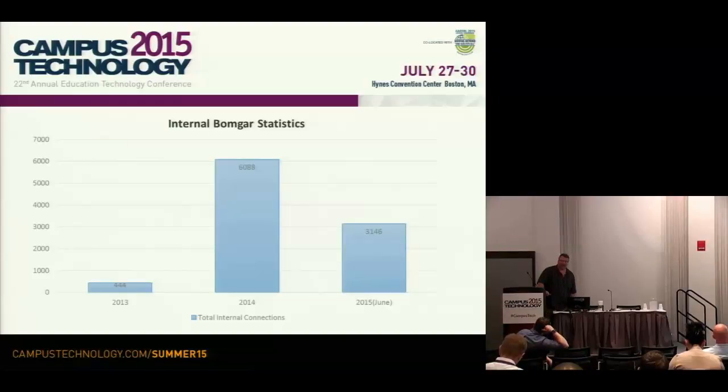There's hardly any way of tracking that through VPN. That's one of the nice things about Bomgar. Whenever I remote into a machine, everything is tracked. Everything is video recorded and stored, and it's kept on a server.